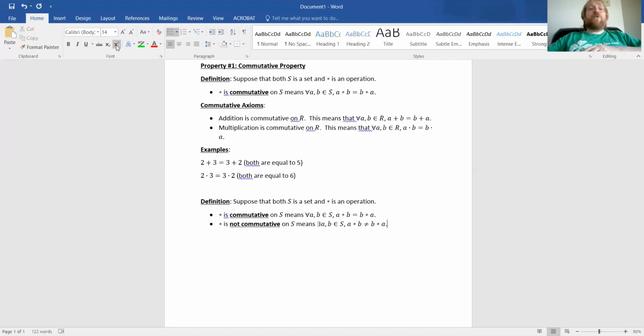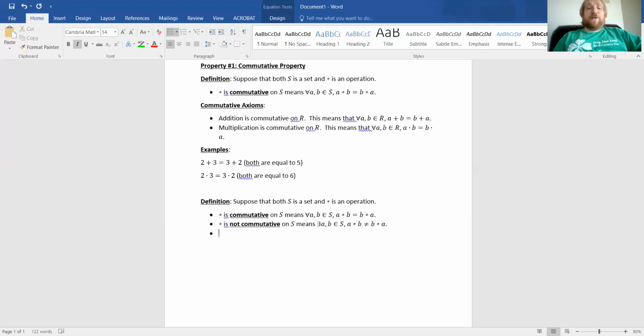So the way you negate a for all x p statement is there exists an x such that not p is true. So here, the way you negate for all A, B in S, A star B equals B star A is there exists an A, B in S such that A star B does not equal B star A. You change the for all to a there exists, and you negate the predicate.